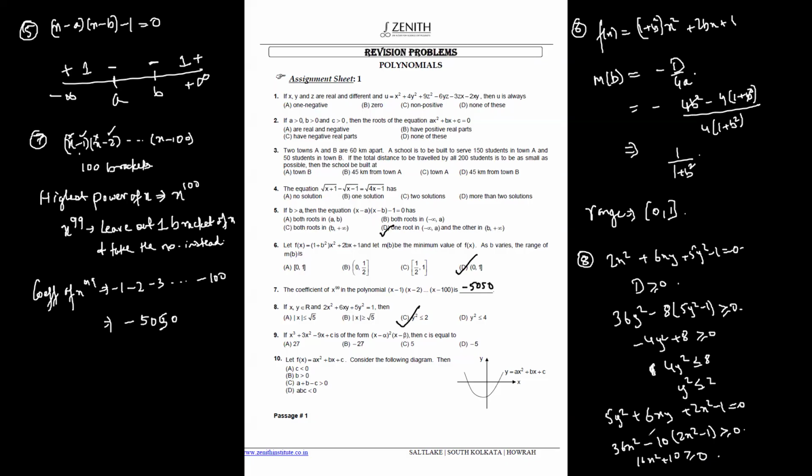Sorry, 5 times 4 is 20, 20 times 2 is 40, so this will be minus 4x squared plus 20. The minus signs cancel, and x squared is less than or equal to 5, so mod x has to be less than or equal to √5. A and C would be the answers.